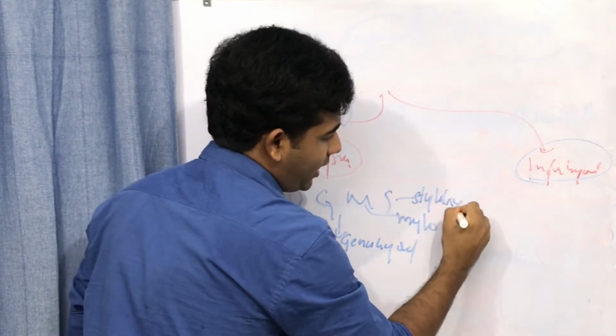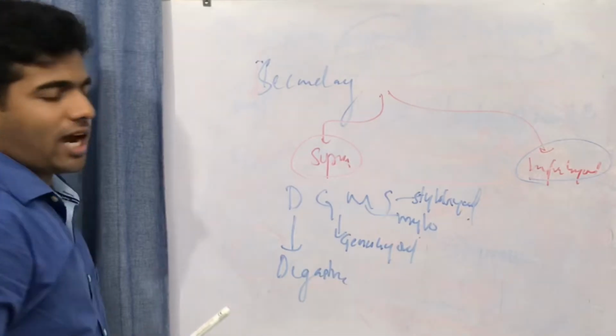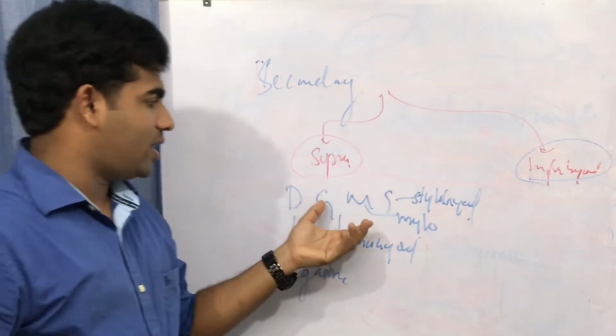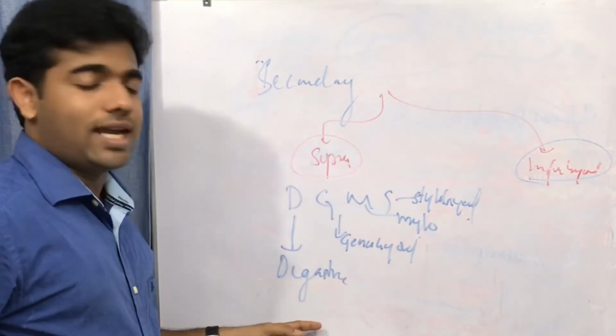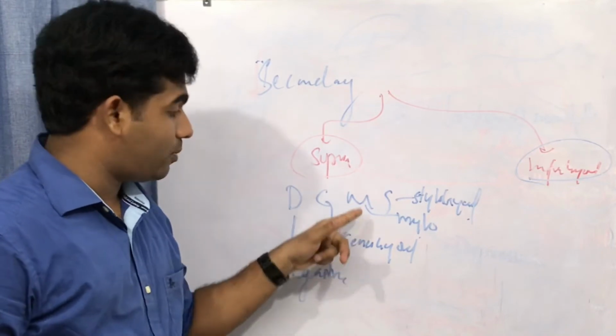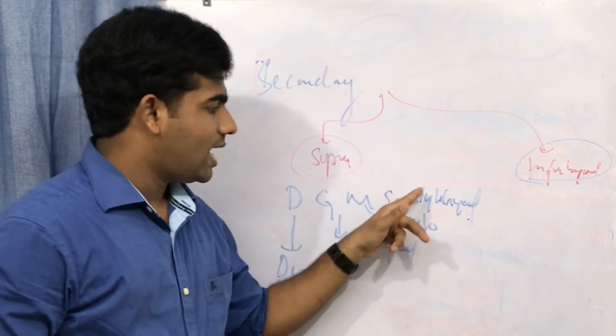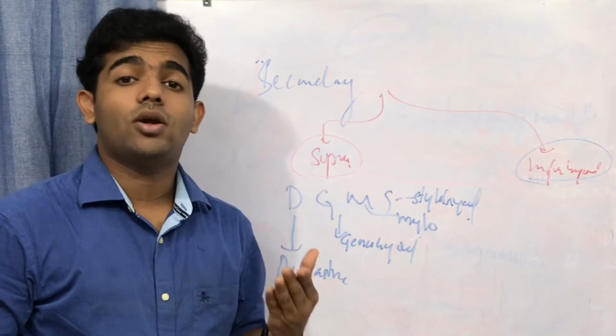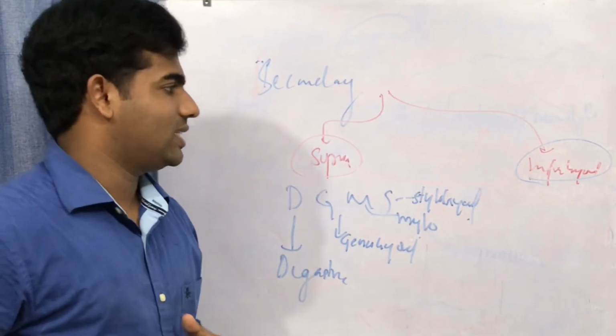Don't worry, this is very simple because everywhere you have the hyoid and you just remember this abbreviation: D for digastric muscle, G for geniohyoid muscle, M for mylohyoid muscle and S for stylohyoid muscle. Right? Yes, very good.